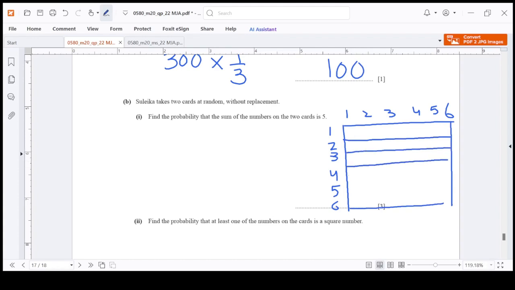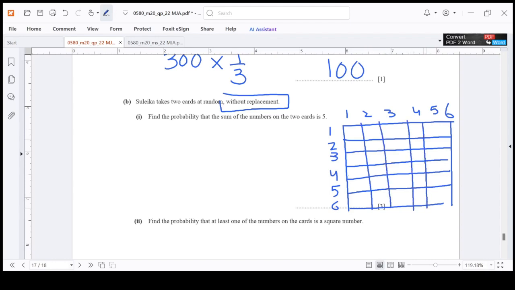Also, it says without replacement. This has to be considered. I'll tell you what this means as well. First, let's consider without replacement.